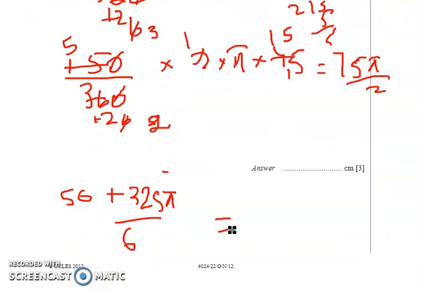We can write it in decimal form even. So let's do 325 multiplied by pi, that is 1021.018 divided by 6, that will give us 170.16, and then plus 50. Let's add 50 in this. So that is 220. the perimeter.